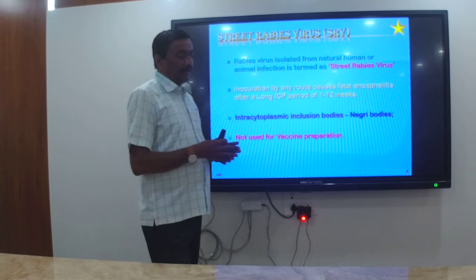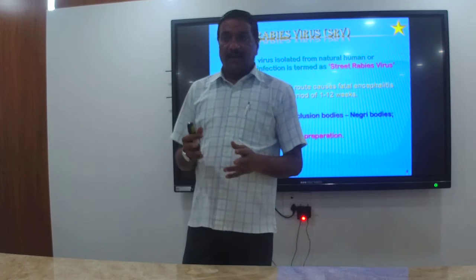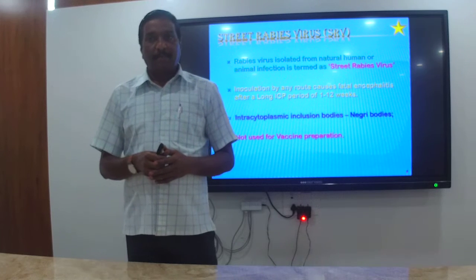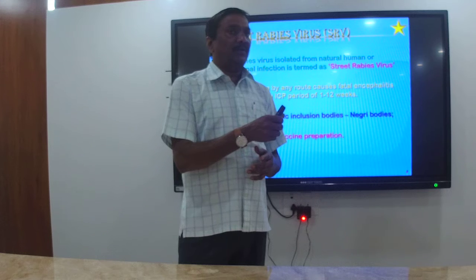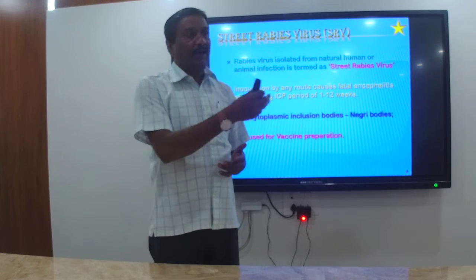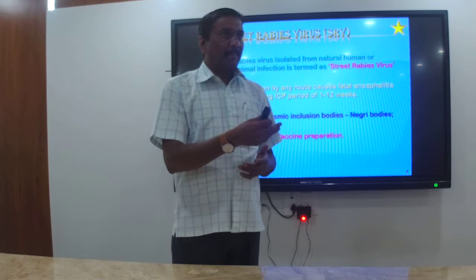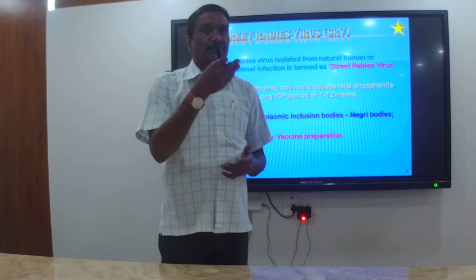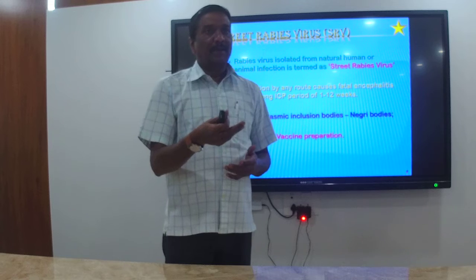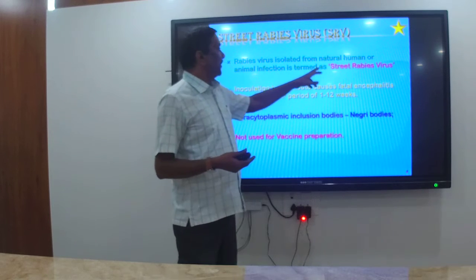Now, basically, when we say rabies virus, there are two types of rabies viruses. One is isolated from natural infection from a host, either wild animals or human beings. That natural virus which is isolated, which is most pathogenic, is said to be the street rabies virus.